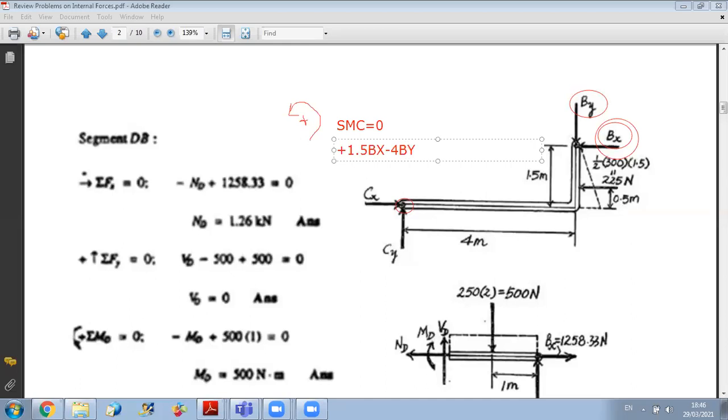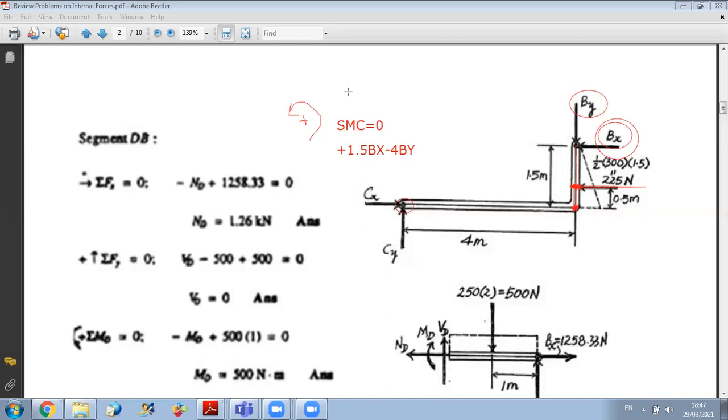Okay. Now I still have what? I still have the moment of the distributed load. And as we said, the distributed load is acting at 1 meter from B, or 0.5 meter from the base. So the distance between this force and C is equal to 0.5. And as you can see in the figure, it's producing a counterclockwise moment like Bx.